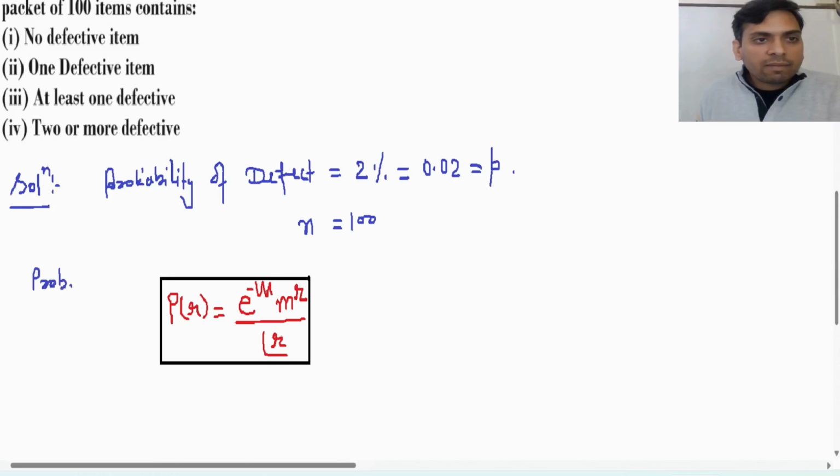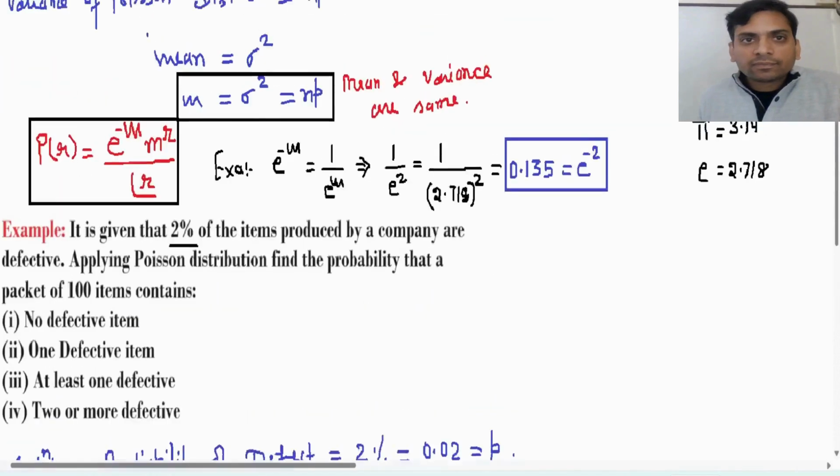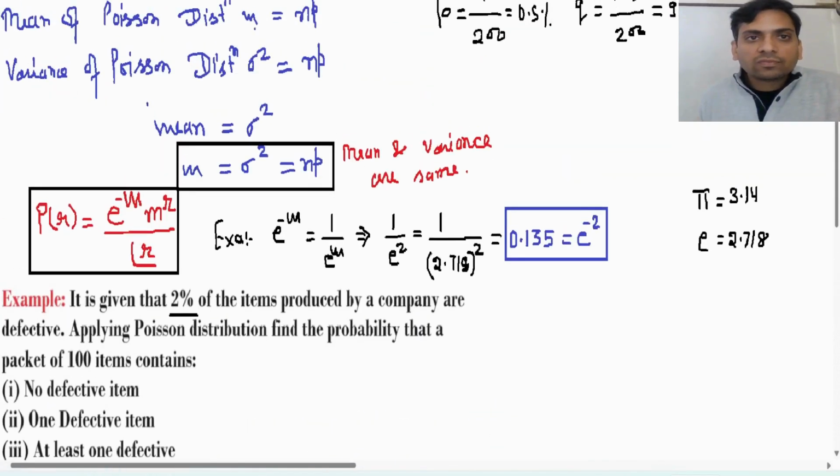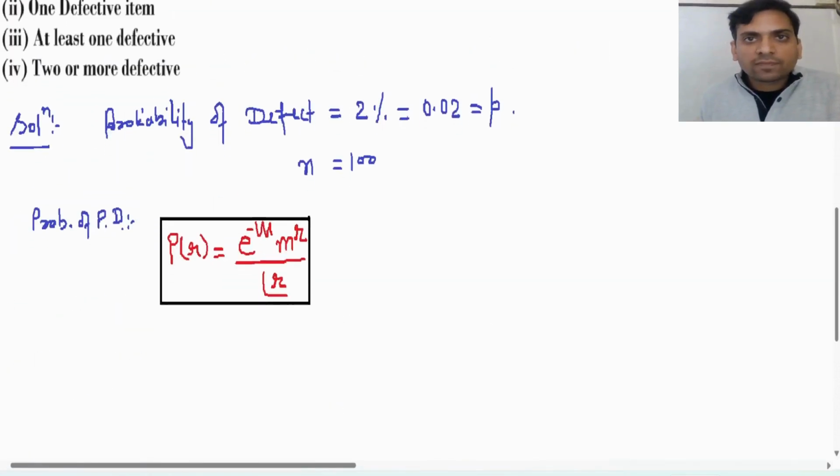Clear? Okay. So for this, you need what? First, m. Clear? So the formula for m is what? m equals np. Clear? So the mean of binomial distribution, mean of Poisson distribution.